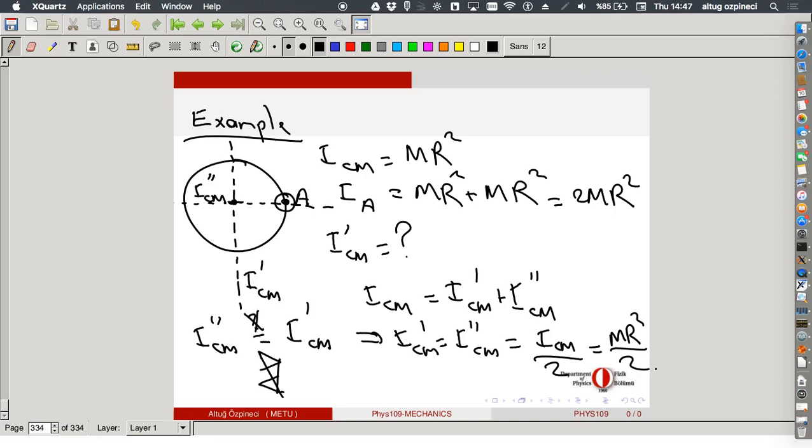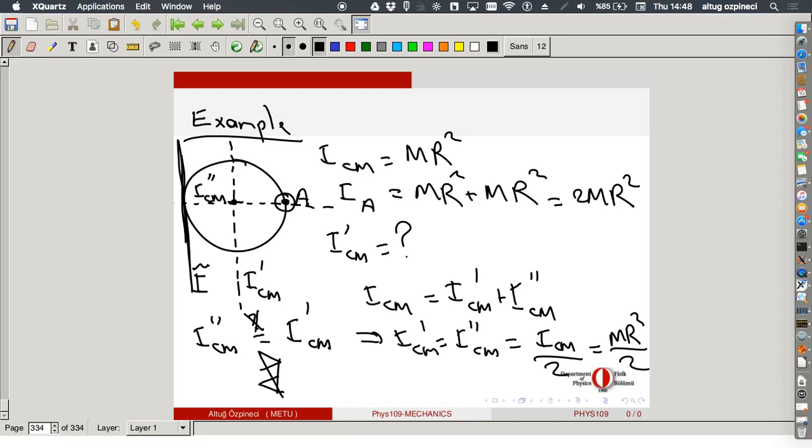Now we can even calculate the moment of inertia for an axis passing through here. Let's call that I tilde. So I have my wheel. First, we calculated the moment of inertia for rotations around this axis. From this one, we obtained the moment of inertia for rotations around this axis.